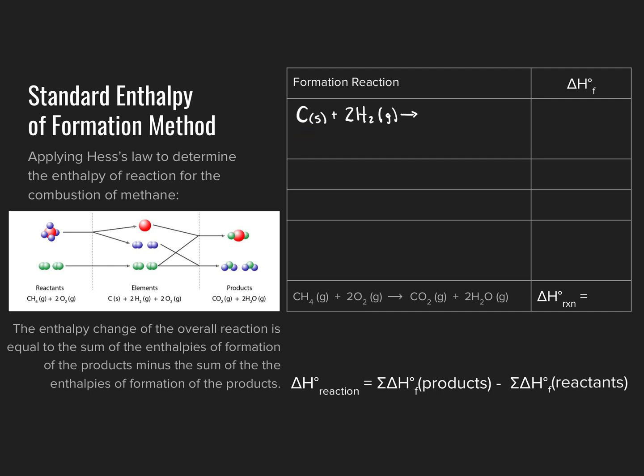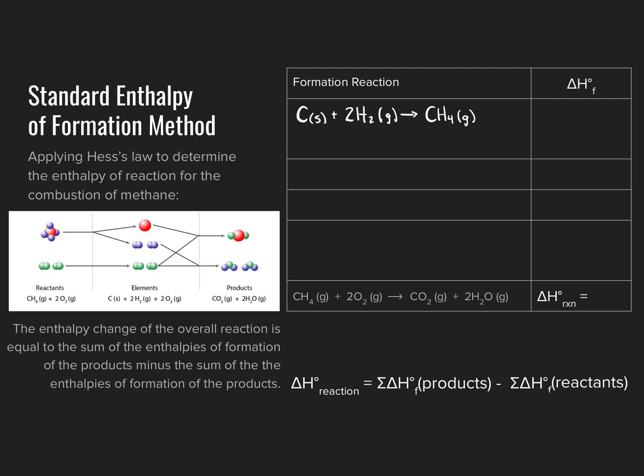And then the hydrogen that I would be using to make my methane would have to be the diatomic molecule H2 in the gas phase. And because I need 4 hydrogens overall to make methane, that would imply to balance this equation, I would need to have 2 molecules of diatomic H2. So the reaction that would describe the formation of methane gas from their elements in their standard states would be solid carbon plus 2H2 gas forms CH4 gas.